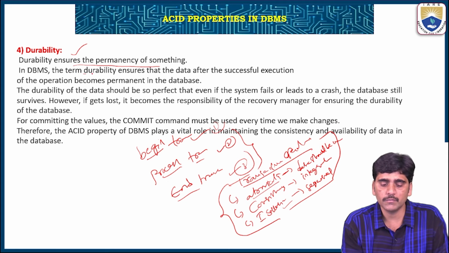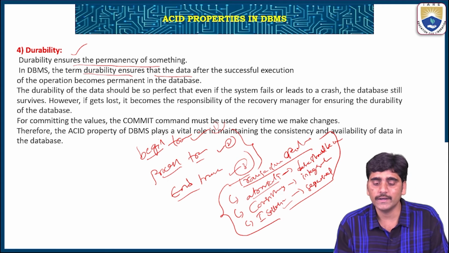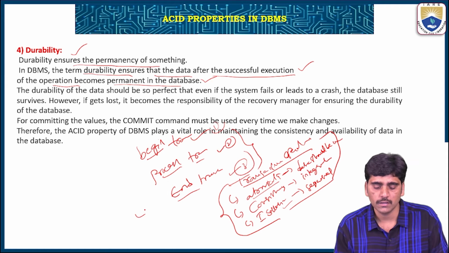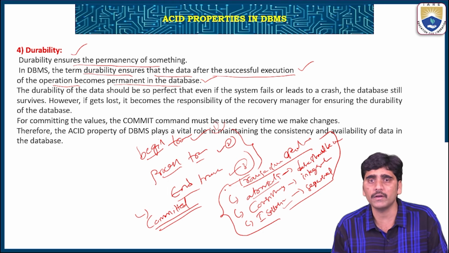The term durability ensures that data after the successful execution of the operation becomes permanent in the database. After doing all the transactions, the database will be committed, to save permanently.